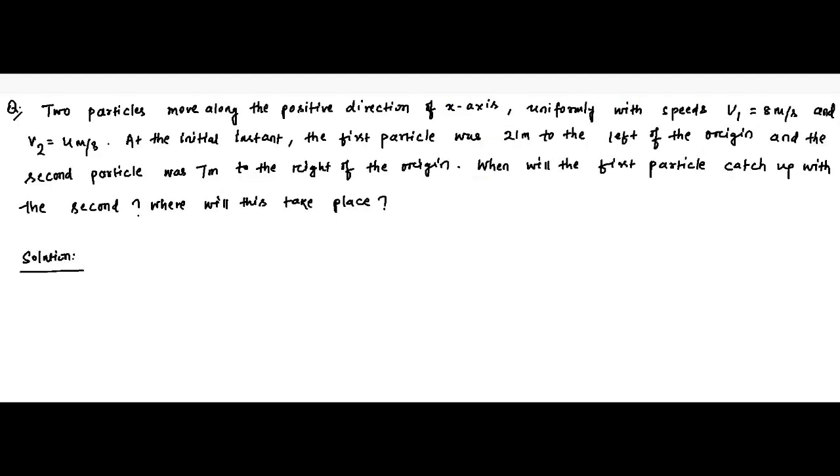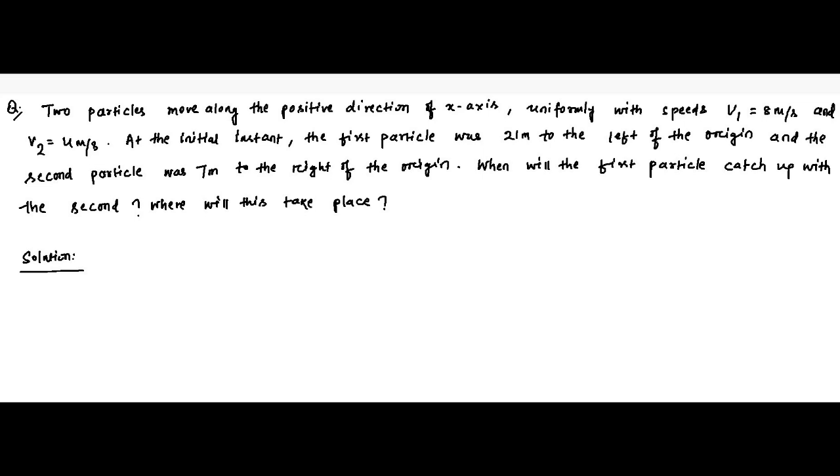So here is another question. It is given that two particles move along the positive direction of the x-axis uniformly with speeds v1 equal to 8 meters per second and v2 equal to 4 meters per second for the first and second particle respectively.